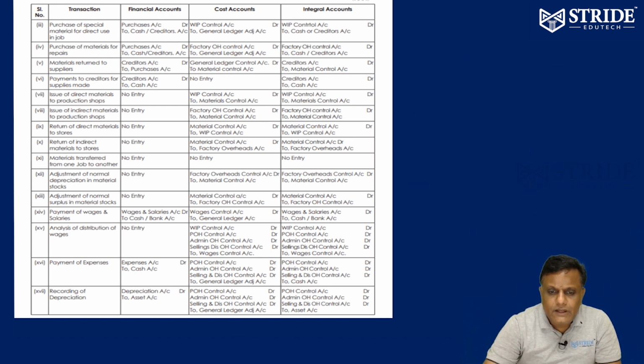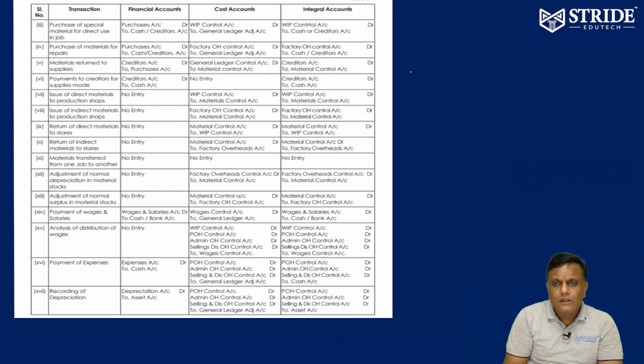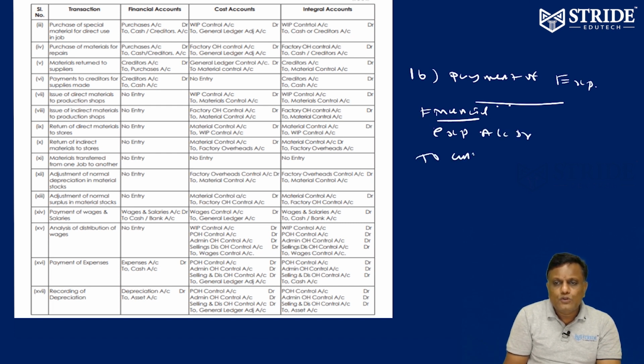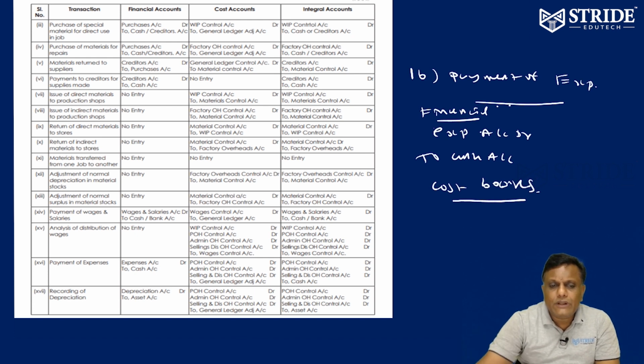Transaction number 16, payment of expenses. So whenever the payment of expenses are involved, generally expense to cash in financial books. Expense account debit to cash, expense to cash. But in cost books, there are two types of expenses.